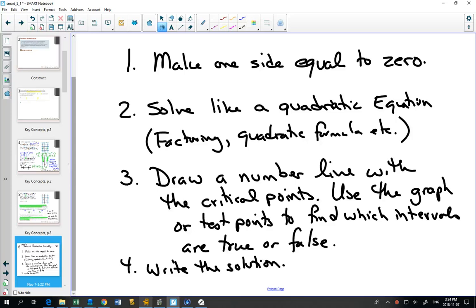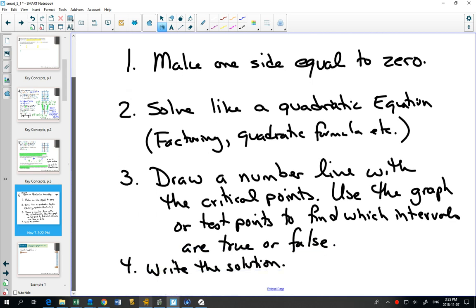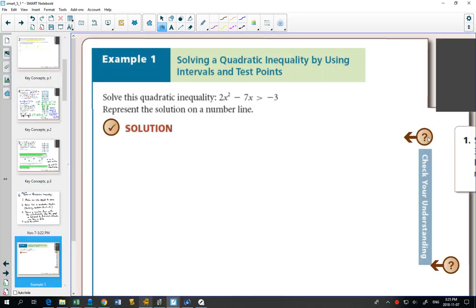So we'll do example 1. Move too fast. There we go. Here's example 1.